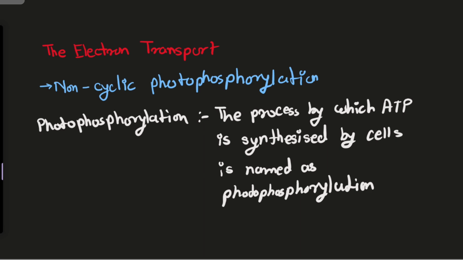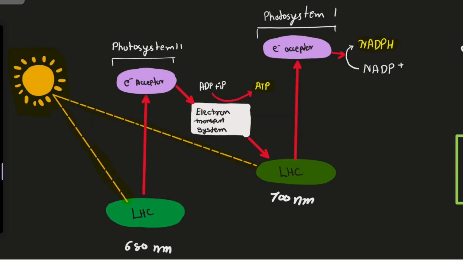Then the electron transport. First is non-cyclic photophosphorylation. The process by which ATP is synthesized by cells is named photophosphorylation. This is non-cyclic photophosphorylation.